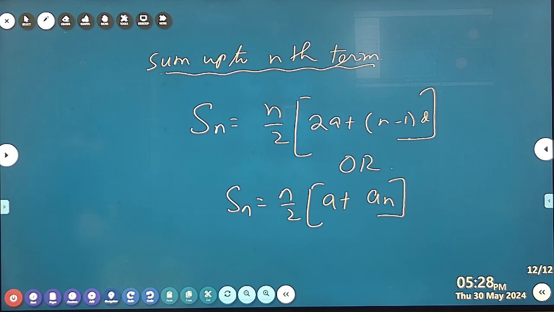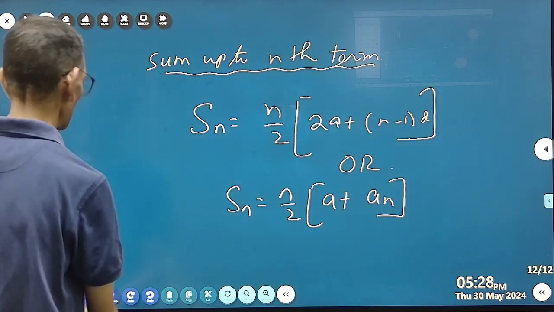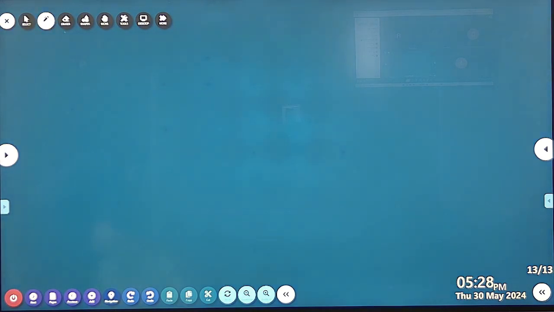So let us try one or two questions on that AP. Okay, let's move on. This is illustration 52. Find the sum of the first 9 terms of the series 5, 10, 20.